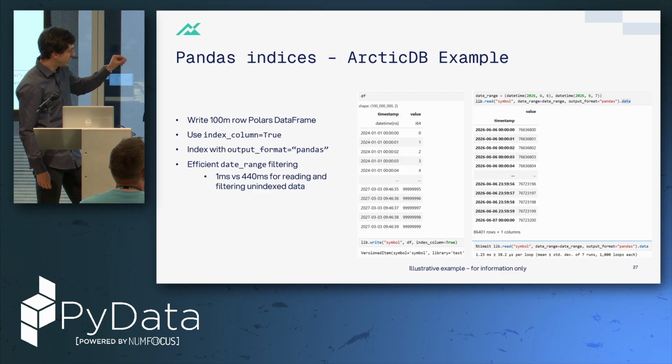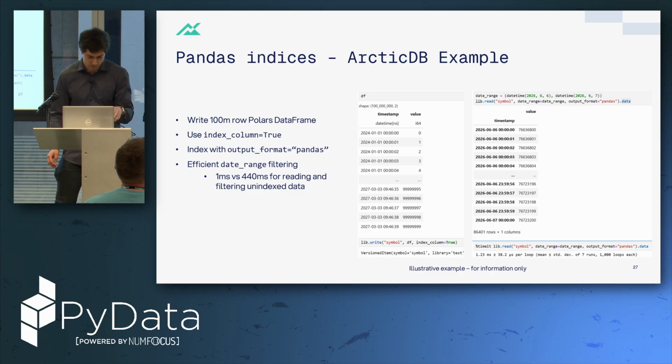And we can read that out in just 1 millisecond, which is quite fast for 100 million rows. If we had to actually read the entire data frame, it would have taken more like 500 milliseconds. So this shows how ArcticDB can leverage the index for more optimized performance with the time series column.